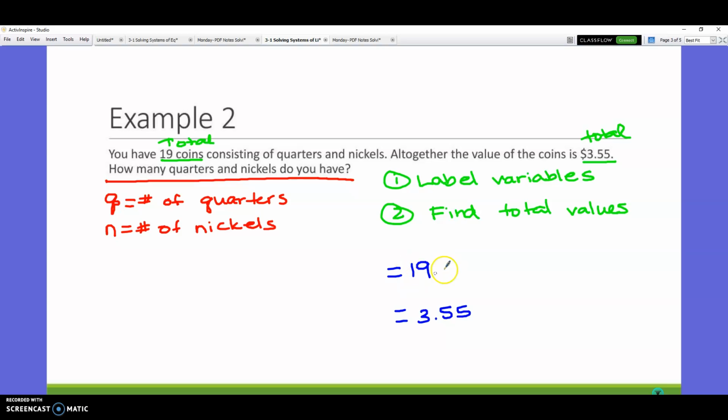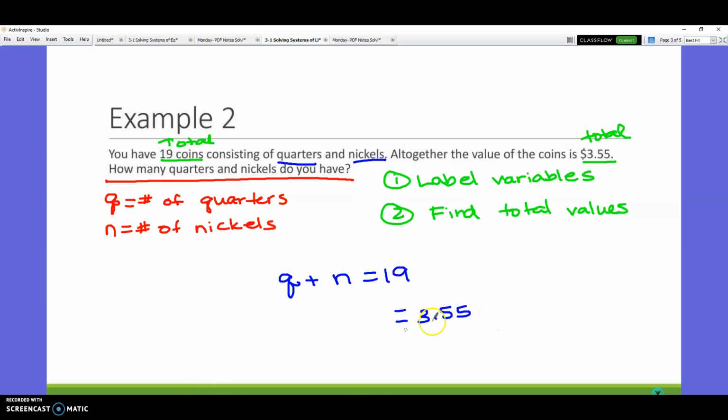For the 19, what am I doing to get a total of 19? Well, I have coins consisting of quarters and nickels that total 19. So my number of quarters plus my number of nickels is 19. And that would be my equation. Q plus N equals 19.